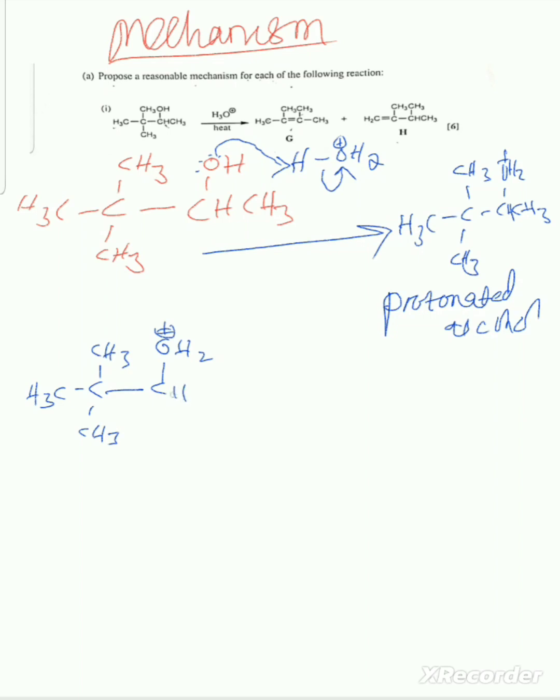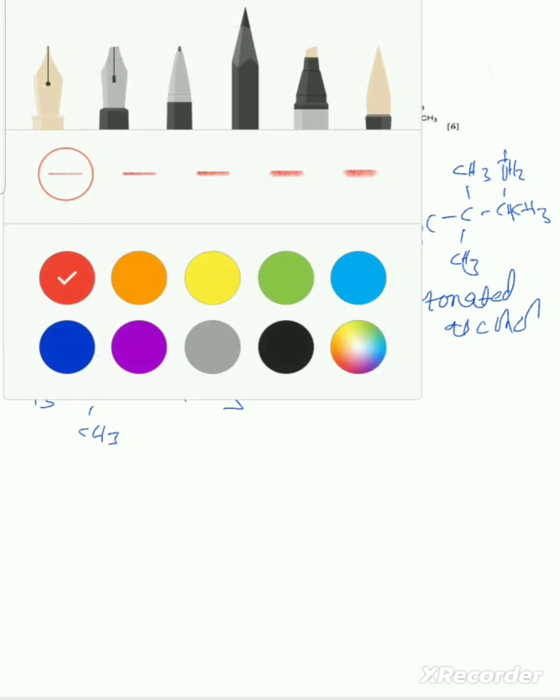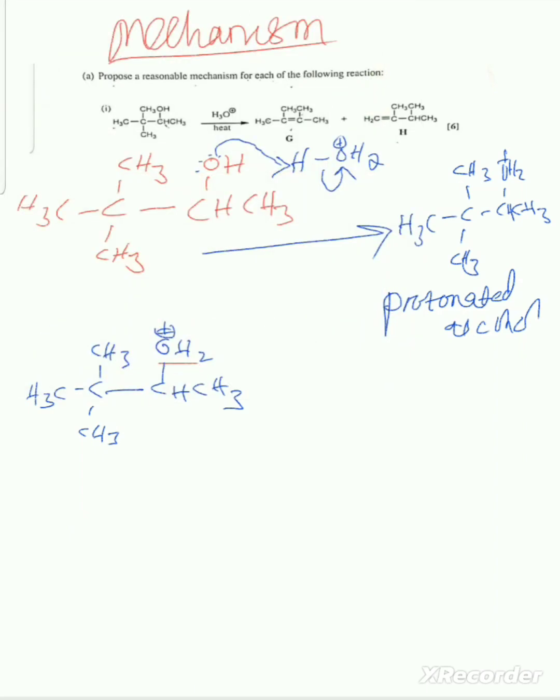Now I'm going to show that water is a good leaving group. It will now go like this. I'm going to show with that arrow that the water has gone, giving us a secondary carbocation.